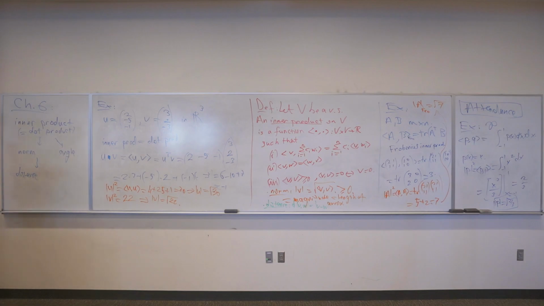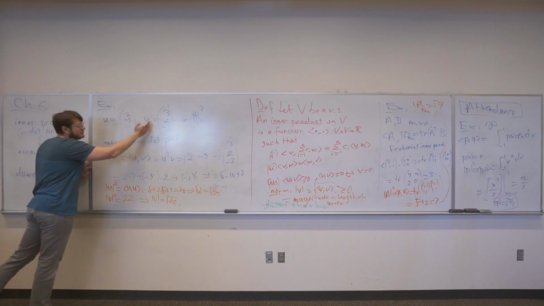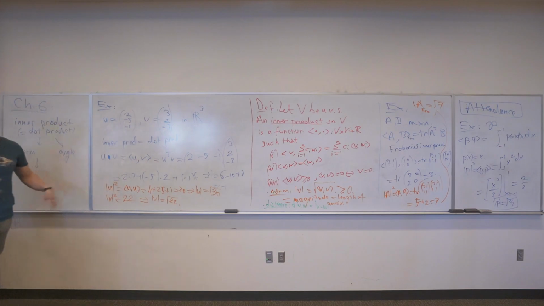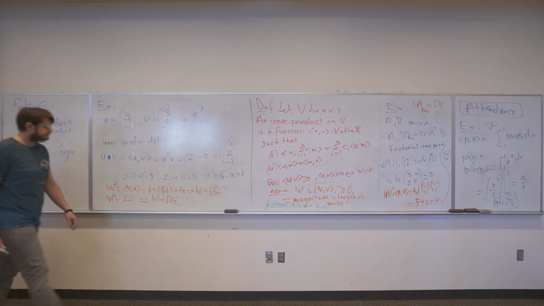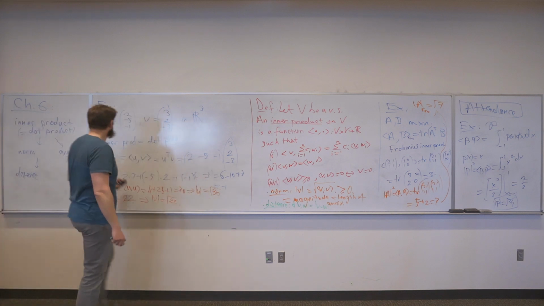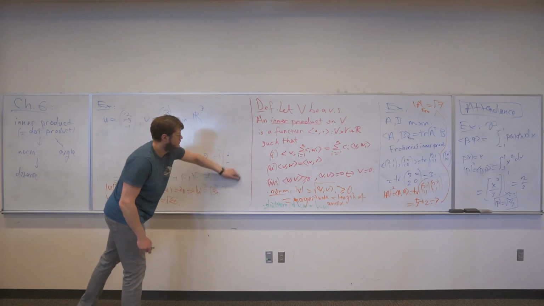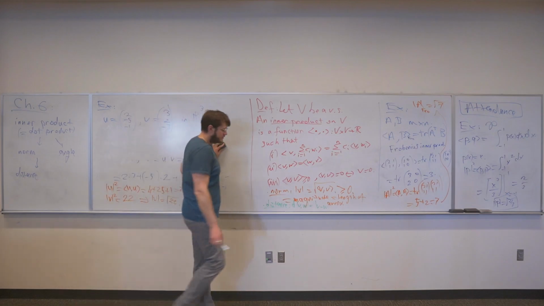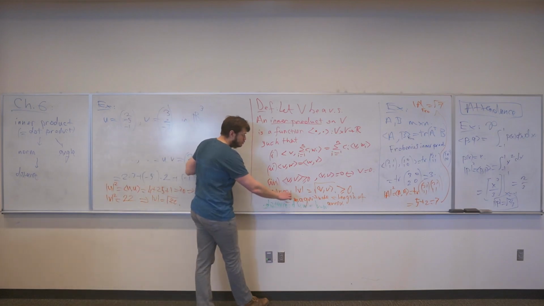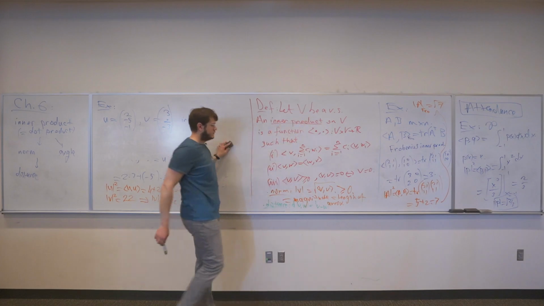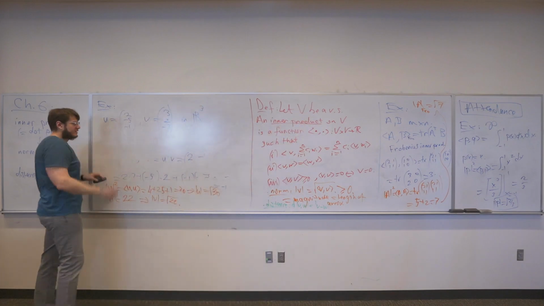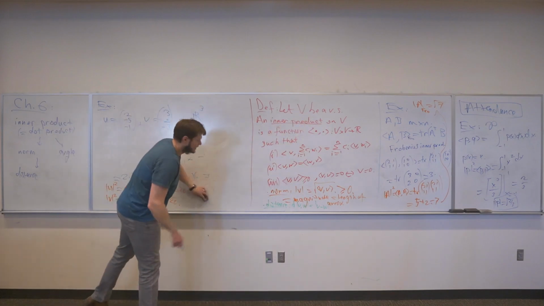Running out of space, so I might as well just delete some stuff. In this case, I want to figure out the distance between these two. So you see, it's all downstream. Distance is defined in terms of norm. Norm is defined in terms of inner product. So you always start with inner product, in a sense, at least for our situation.